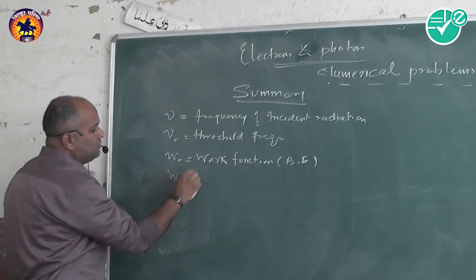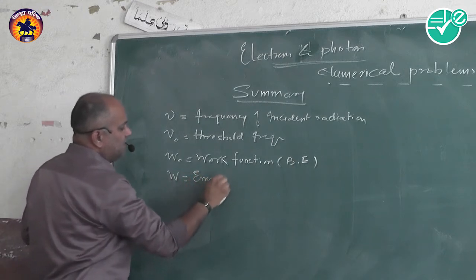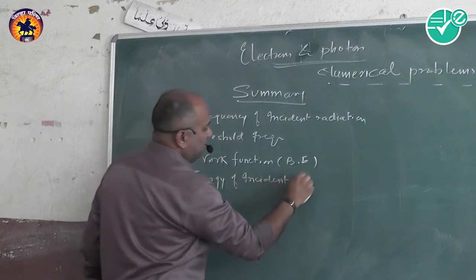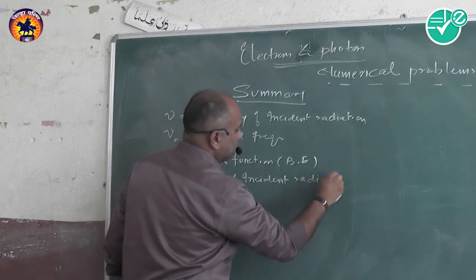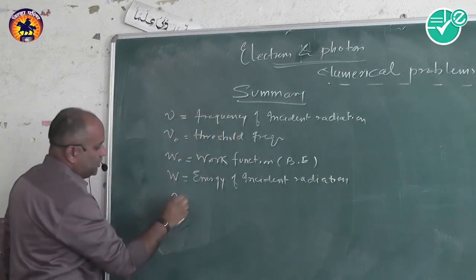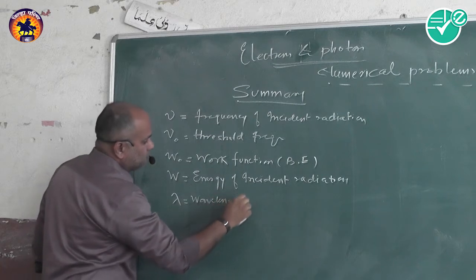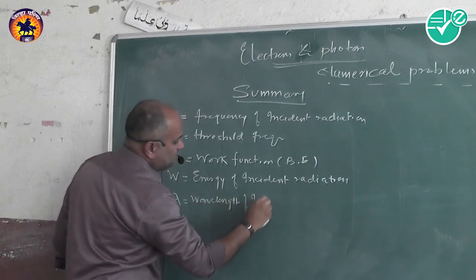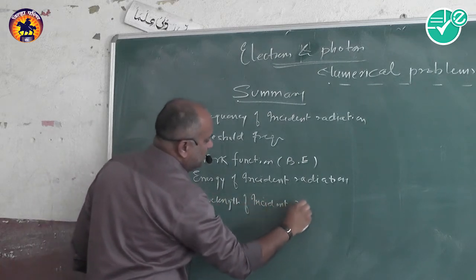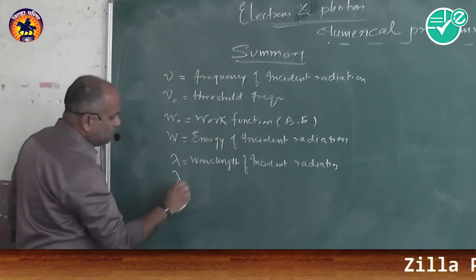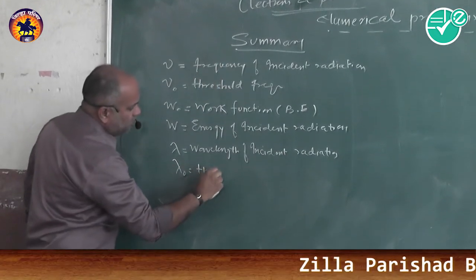W is equal to energy of incident radiation. Lambda is equal to wavelength of incident radiation. Lambda 0 is equal to threshold wavelength.